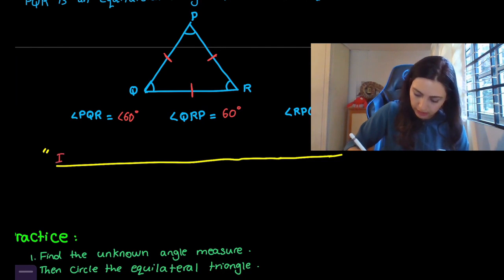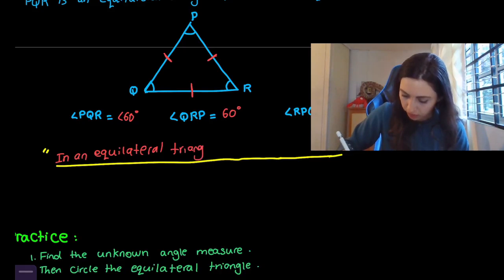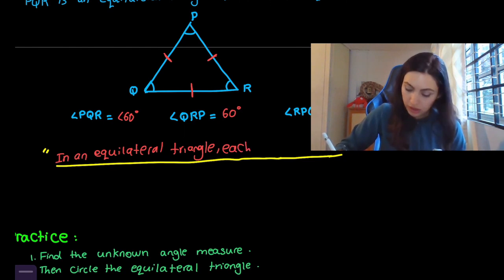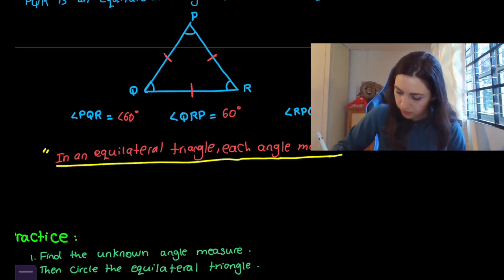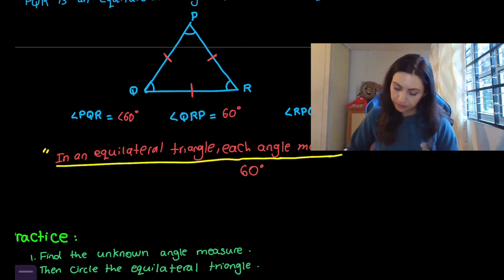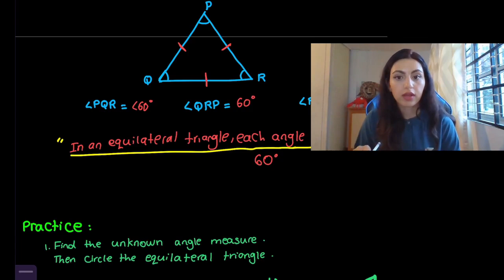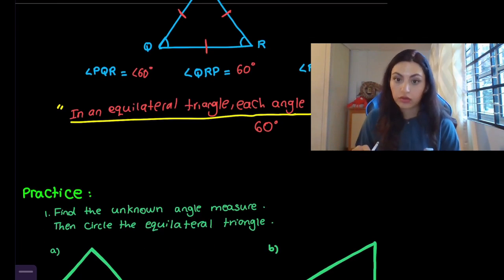So we say in an equilateral triangle, each angle measures 60 degrees. So all the sides are the same and all the angles are the same. That's how we know a triangle is an equilateral triangle.